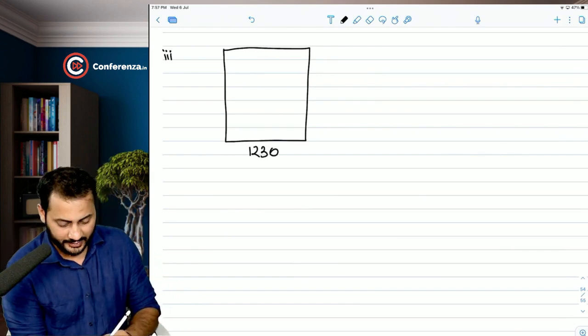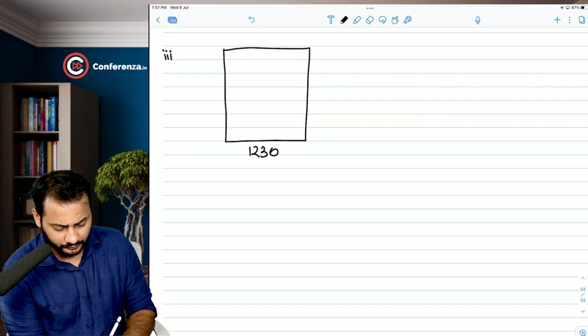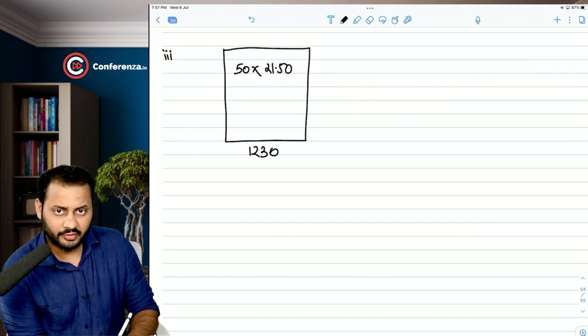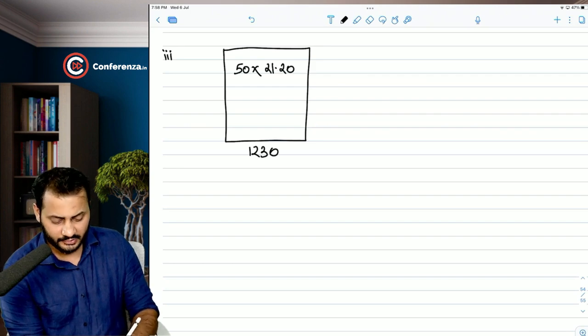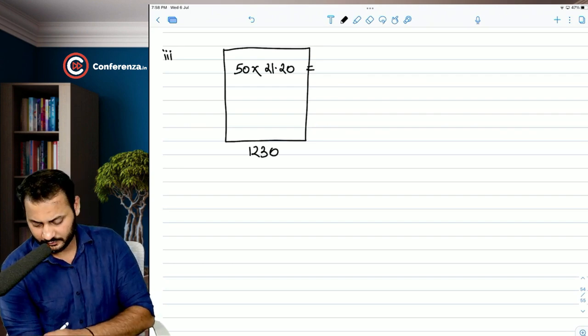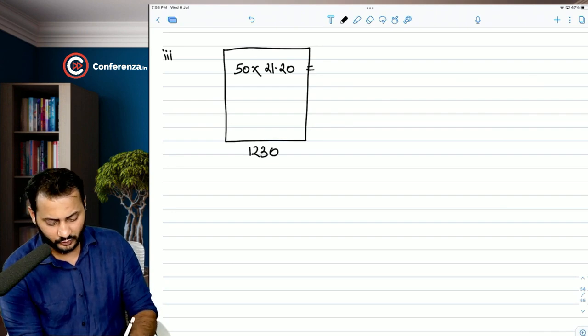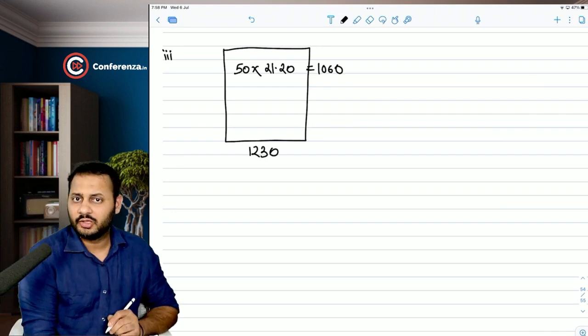Right now there are 50 crore shareholders at a current market price of 21.20, and they are contributing to 1060 crore in the total market value.